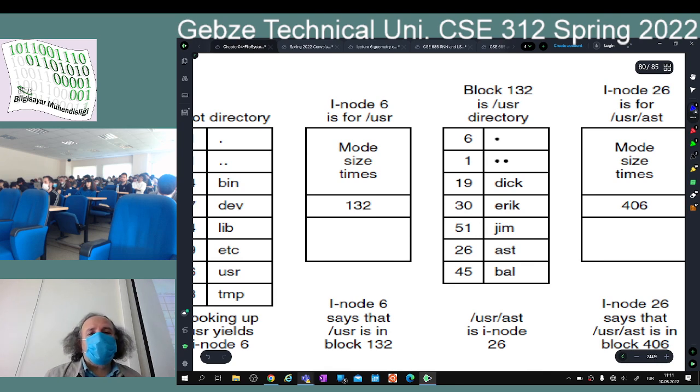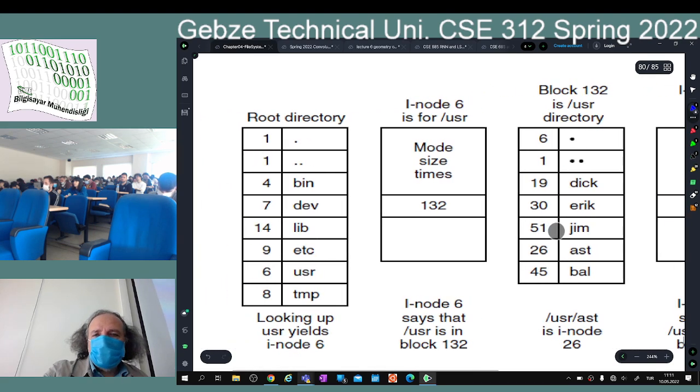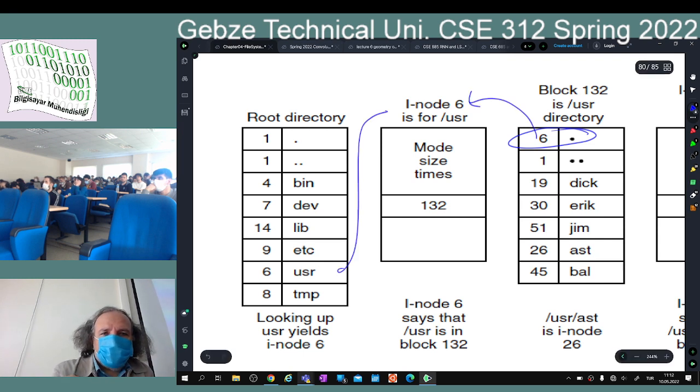If you go to 132, you have another directory, and inside the directory you have the same stuff. Remember this? That means, okay, this is my directory, this is myself, and my inode number is 6. So it points to that one. Also this one points to that one.